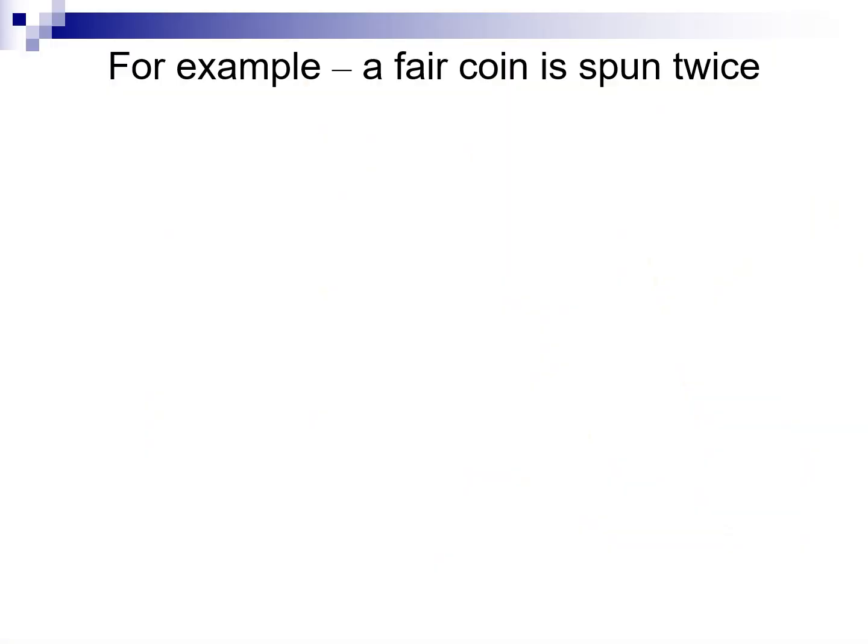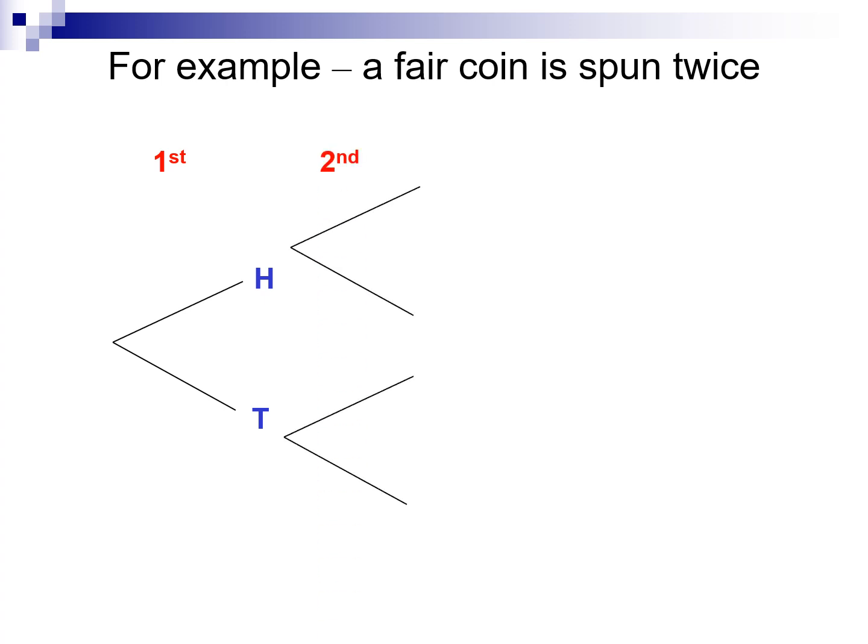Now let us have the last example. A fair coin is spun twice. So this is for the first coin, head and the tail, and for the second coin, from H branches head and tail, and from tail branches head and tail. So how many possible outcomes do we have, or sample space?